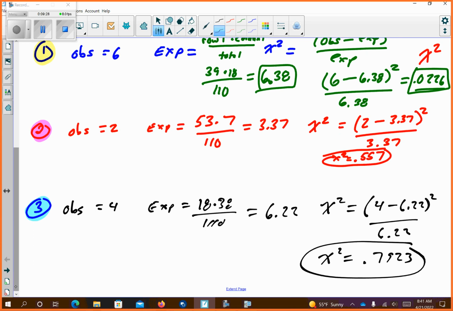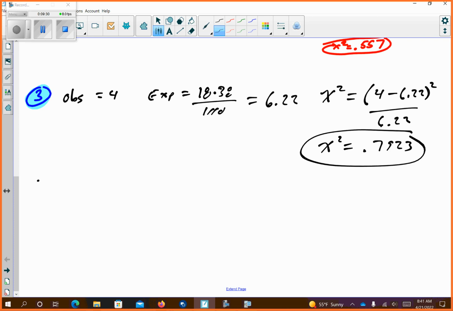And then problem number 4, just extend the page. Problem number 4 says, explain the meaning of the expected value you found in problem 3 in context. Okay, so problem 3 was, this is our expected value. We would expect on average 6.22.